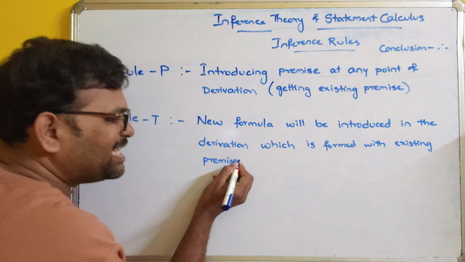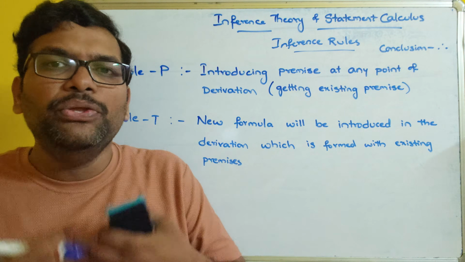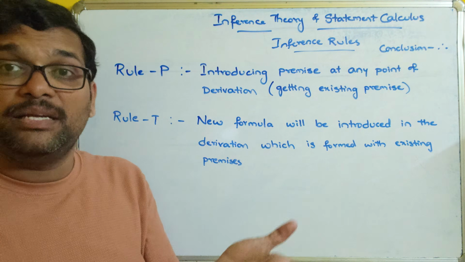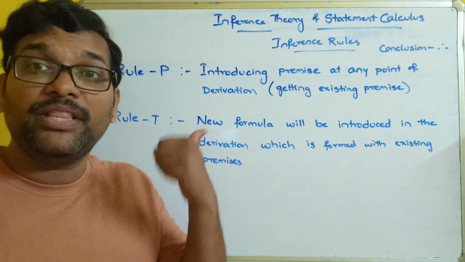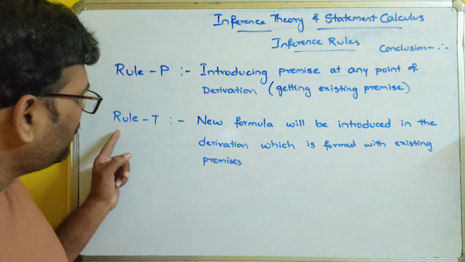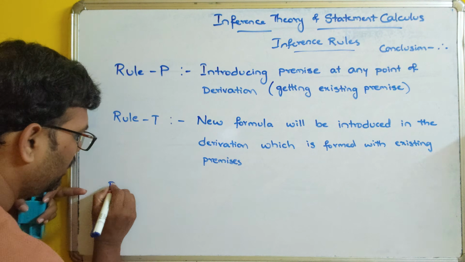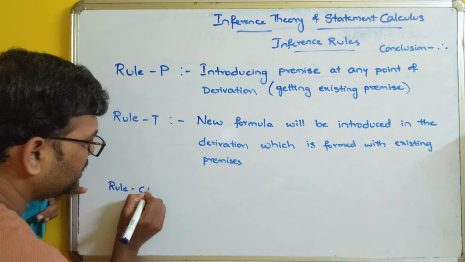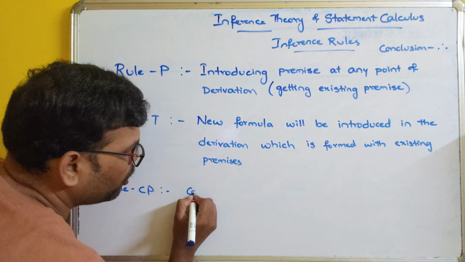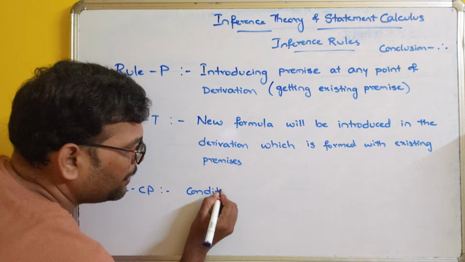If you are deriving a new formula from the existing premises with the help of inference rules, that is called rule T. Okay, both are important. And the last one, rule CP, which can also be called conditional proof.